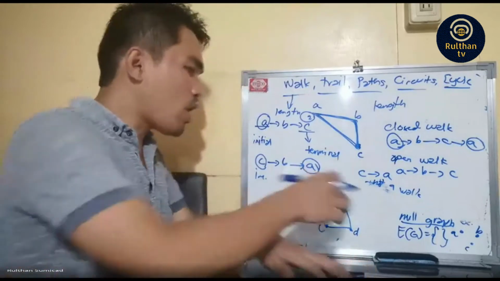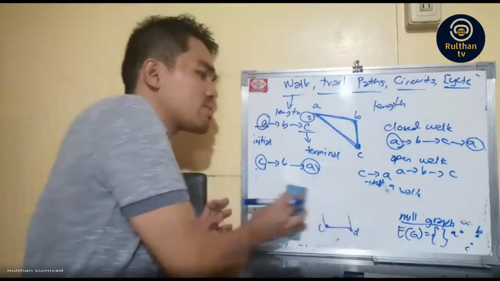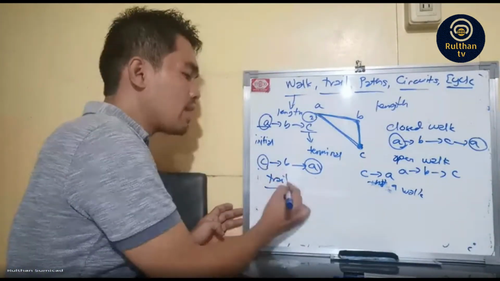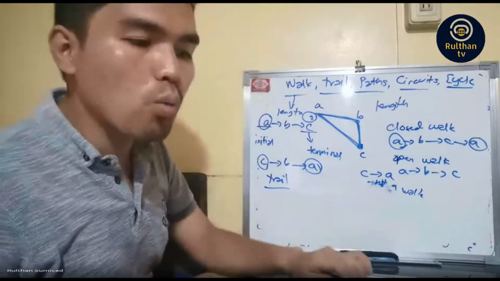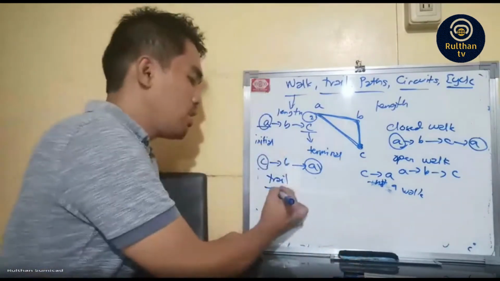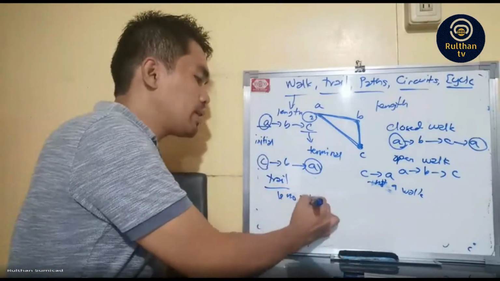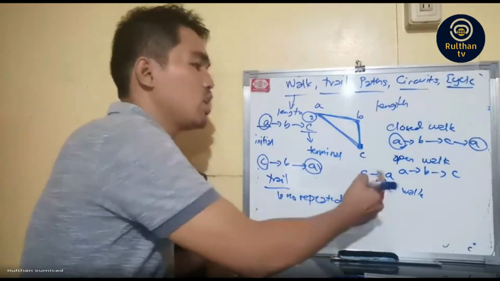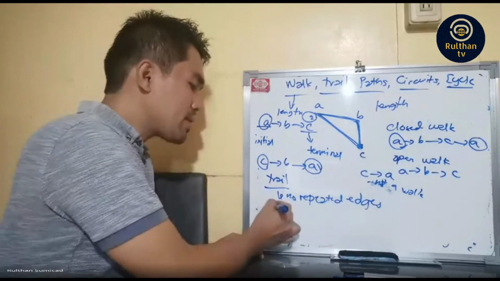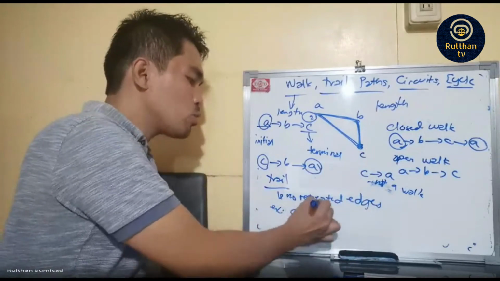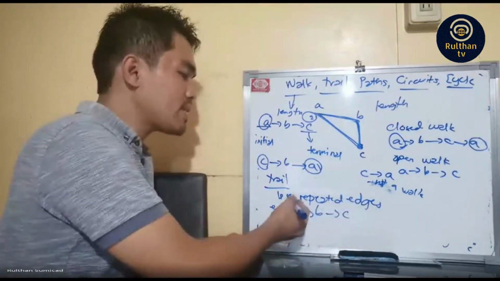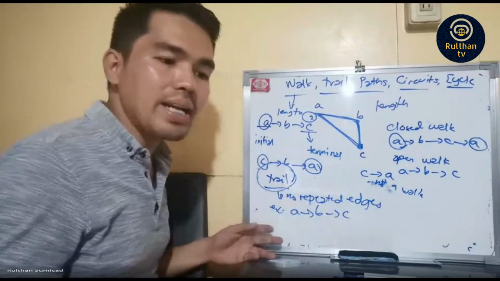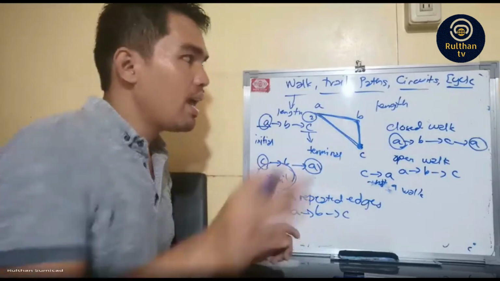Okay, let's now talk about the so-called trail. What is a trail? A trail is simply a walk with no repeated edges. No repeated edges. For example, A to B to C is an example of a trail because I did not make any repetition of edges.